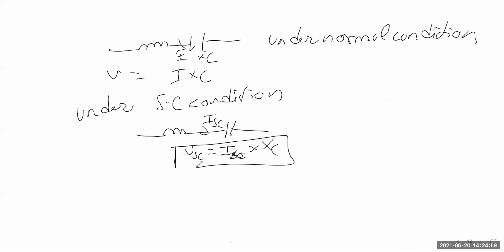So during short circuit condition, the voltage drop is very high due to the short circuit current, which is several times larger than the rated current.